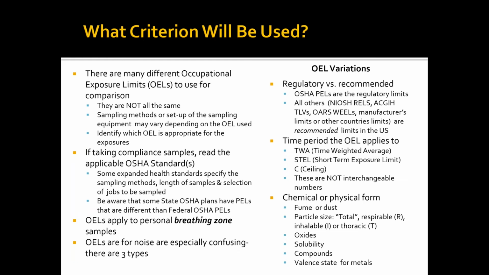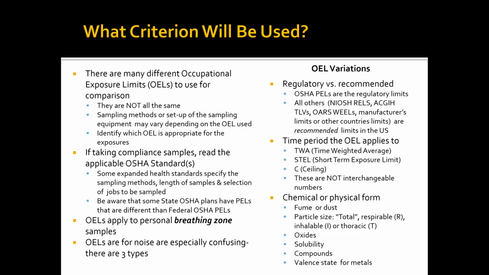So over on the right-hand side of the slide, we have our regulatory versus recommended limits. If you're looking for a good source for finding out what the PELs are and some of these other limits, OSHA actually has really nice annotated tables on their website. So if you just search OSHA PELs annotated tables, you will find these, and they will have the ACGIH TLVs as well as the California PELs and the NIOSH RELs.